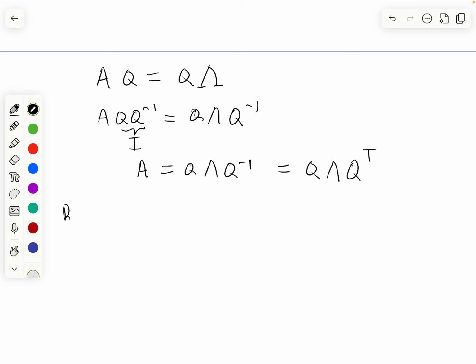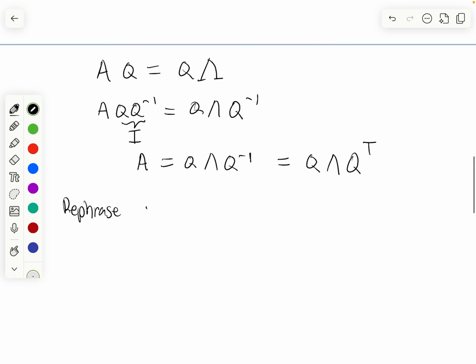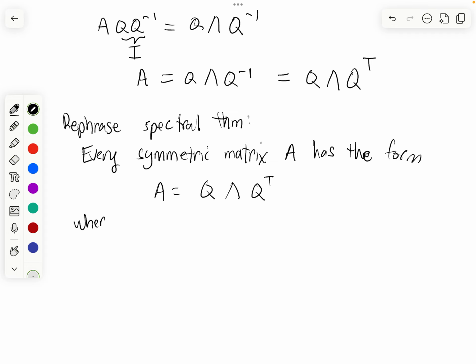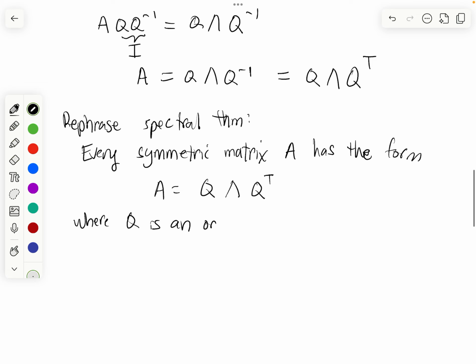So another way to rephrase the spectral theorem is that every symmetric matrix A has the form A equals Q times lambda times Q transpose, or Q inverse, where Q is an orthogonal matrix and lambda is a diagonal matrix.